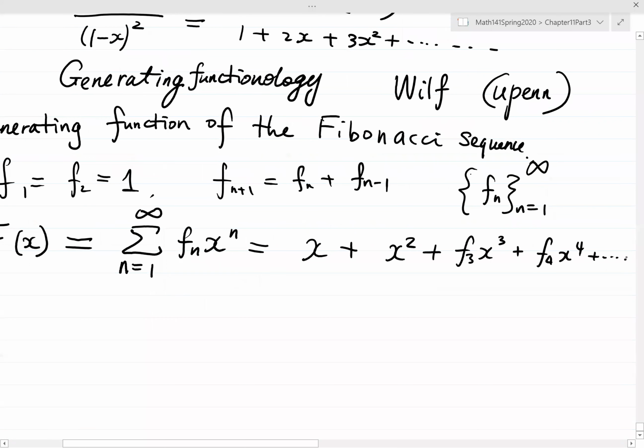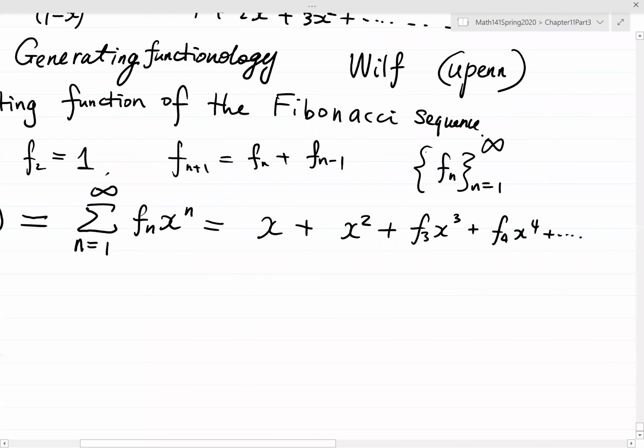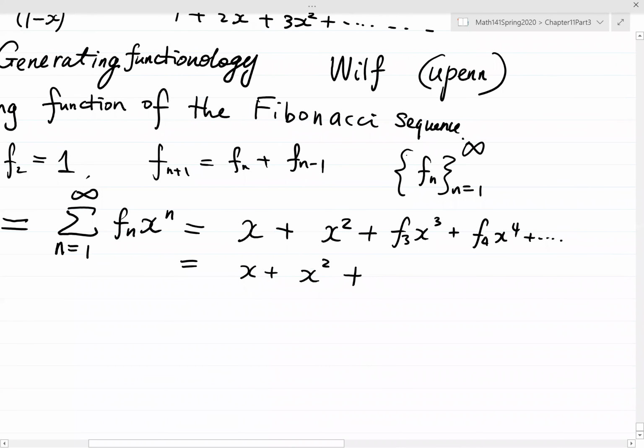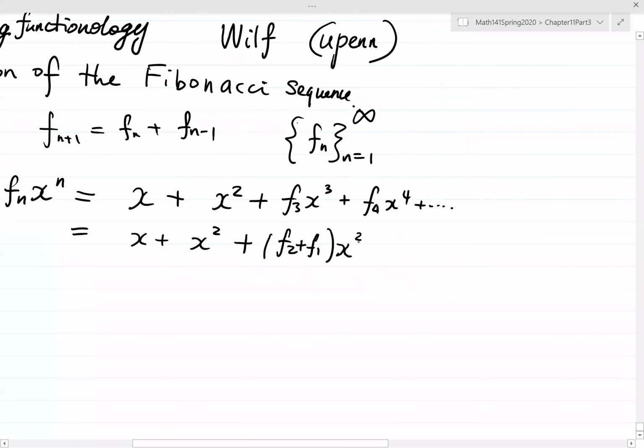Now we try to do something. We use the property of the Fibonacci numbers. So this will be x plus x squared plus f3, using the recursive relation: f3 is the sum of the two terms before it, f2 plus f1, times x cubed.